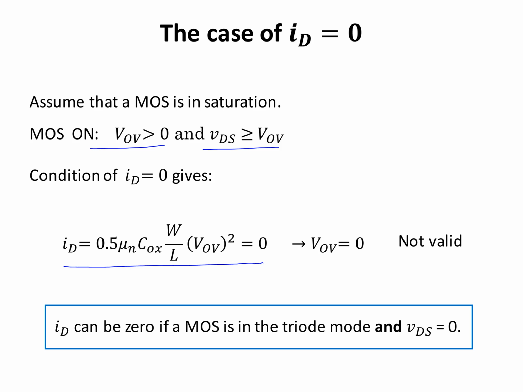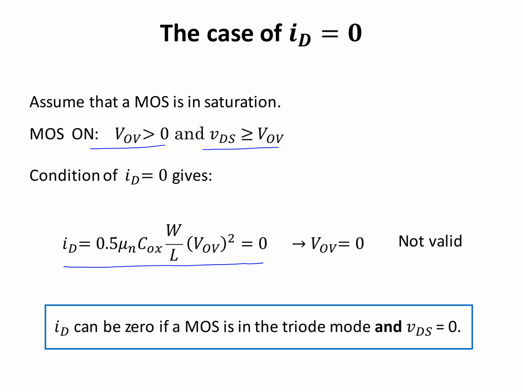That's going to give me an overdrive voltage equal to 0, but that's not valid because the transistor is on, and by the assumption of operating in saturation, I know that the overdrive voltage is greater than 0. So it's not possible for the transistor to operate in the saturation region and have an ID equal to 0. The only possibility of having the transistor on and ID equal to 0 is when the transistor operates in the triode mode and VDS is equal to 0.